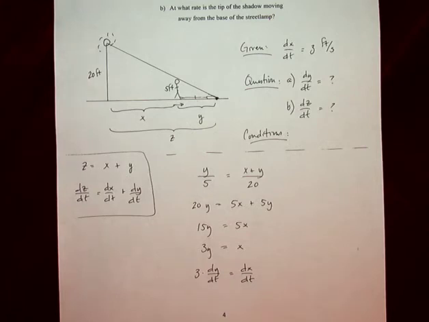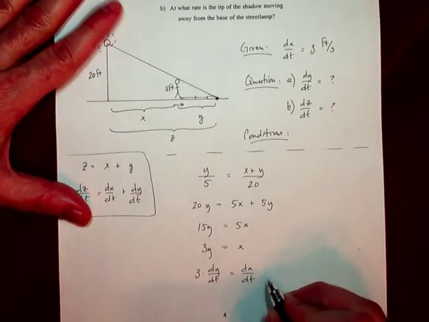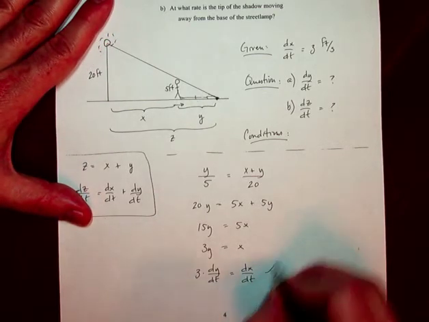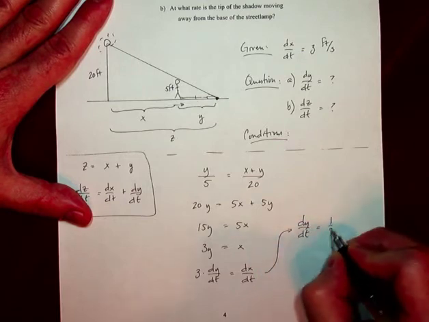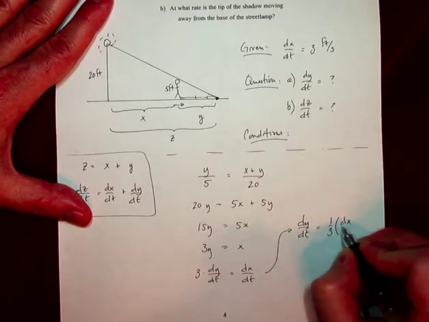In order to maintain the ratio of 3 to 1, it has to increase at a rate of 3 to 1, which should make sense to us. And therefore, we know that dy/dt is equal to 1/3 times dx/dt.